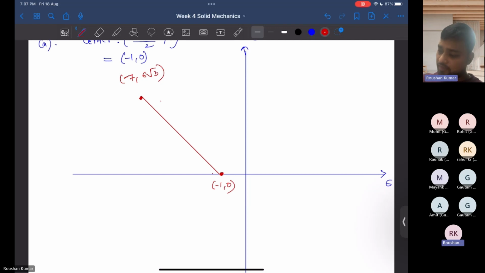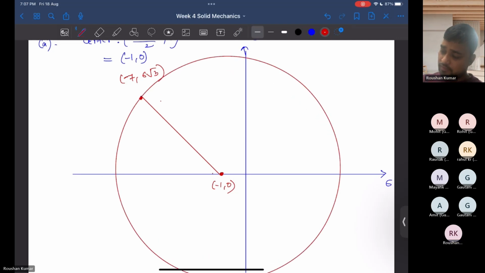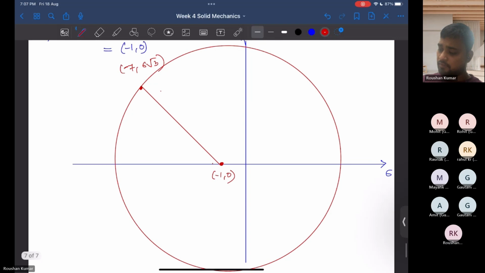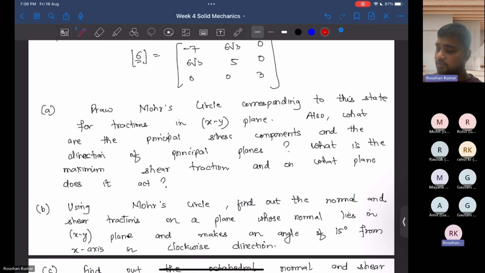Now using this radius and this center, we can draw the whole circle. So this is the Mohr circle as per the question. We already drew the Mohr circle.